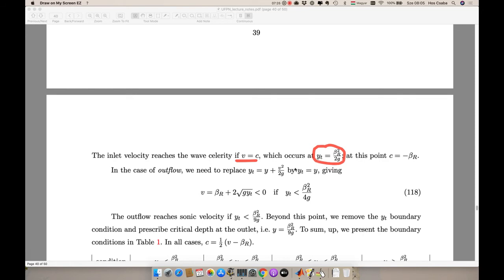And then you also have to take that this will be the C value, and then you also have to take care of the outflow, okay? So far I've been speaking about inflow, that is subcritical inflow, so velocity is larger than 0 but smaller than the wave velocity, and transcritical inflow when the velocity is positive but it equals the wave celerity.